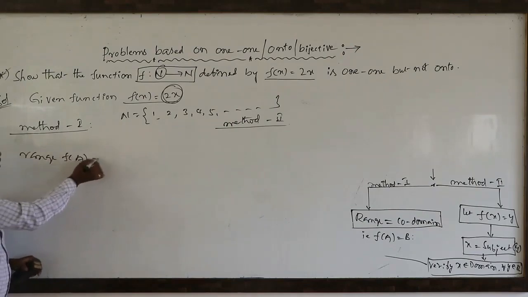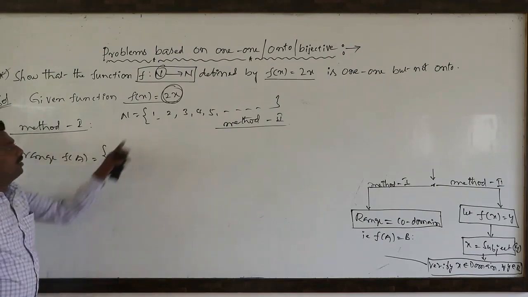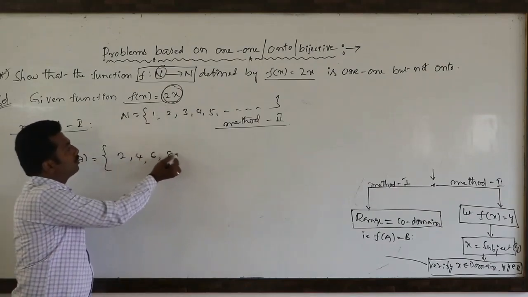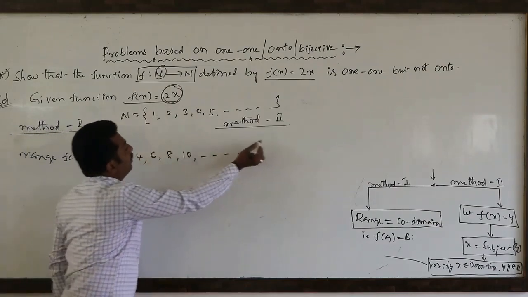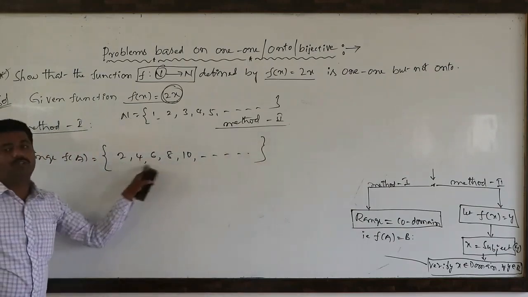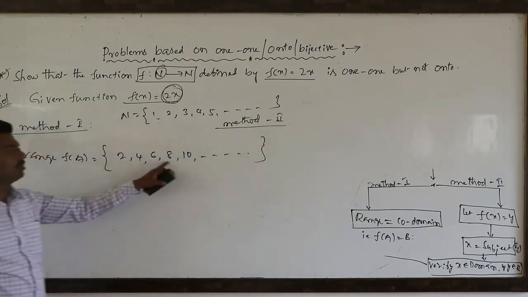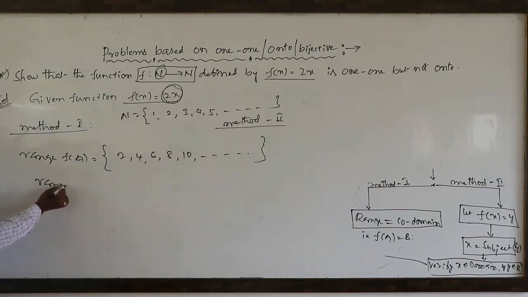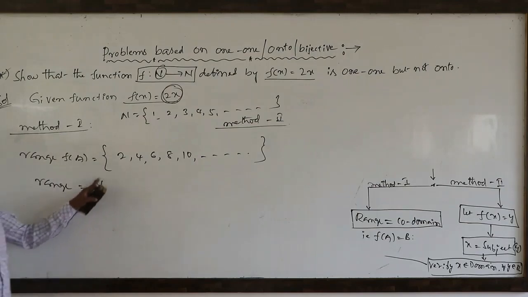Suppose x equal to 1, then we get 2, 4, 6, 8, 10, all even numbers, and so on. So what is the range? It is not the set of natural numbers.